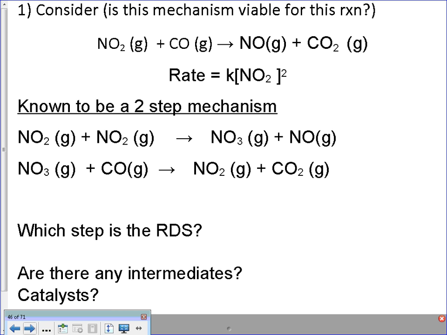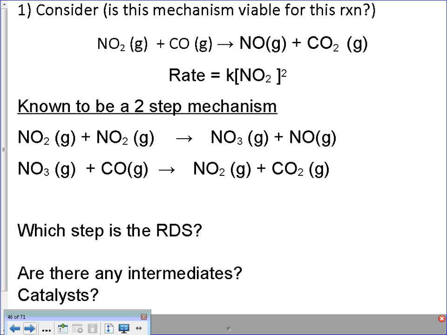First of all, what step is the rate determining step? Give me a guess. Step 1 or step 2 based off the data given? Step 1. Why? Because of the NO2. So what is the order in the rate law? The order is a 2, right?